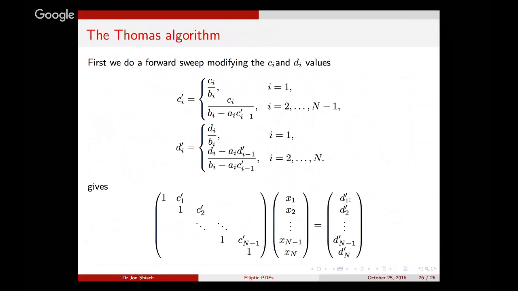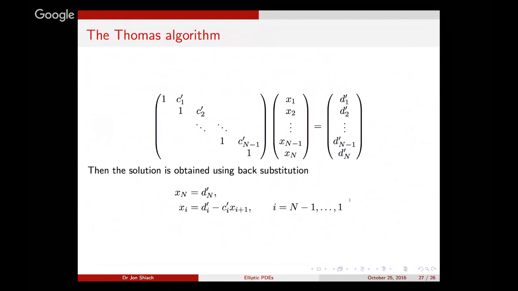If I go back a row, this means d dash n minus this number times that number equals xn. So we can do back substitution, similar to how you do Gaussian elimination, and that gives us our solution to a tridiagonal system of equations.